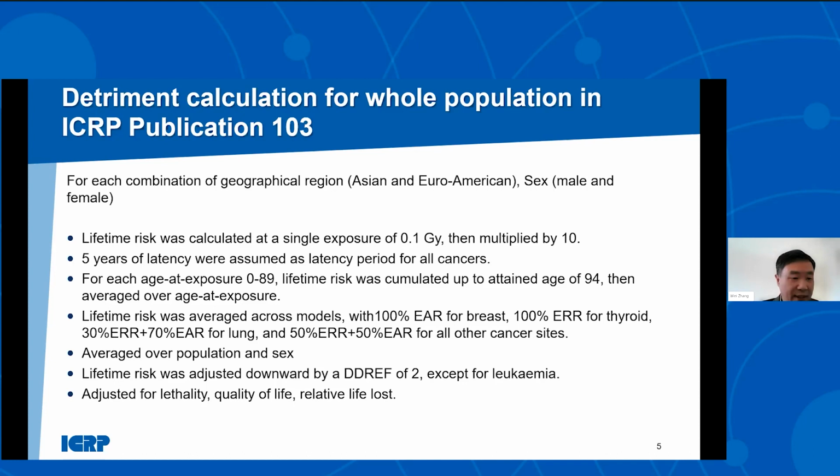Then the risk is averaged over population and sex. The lifetime risk was adjusted downward by a DDREF value of 2, except for leukemia. Then it is again adjusted for lethality, quality of life, and relative life lost to get the detriment values.